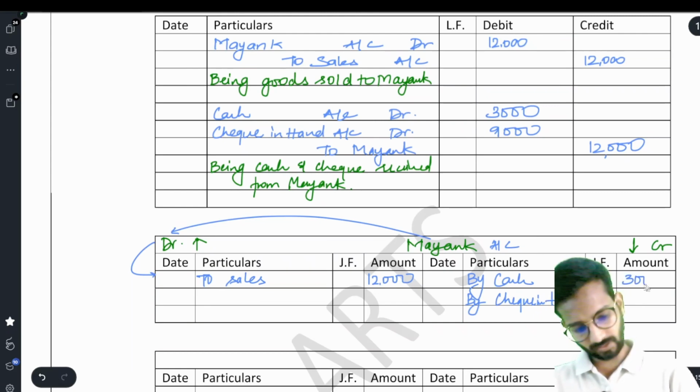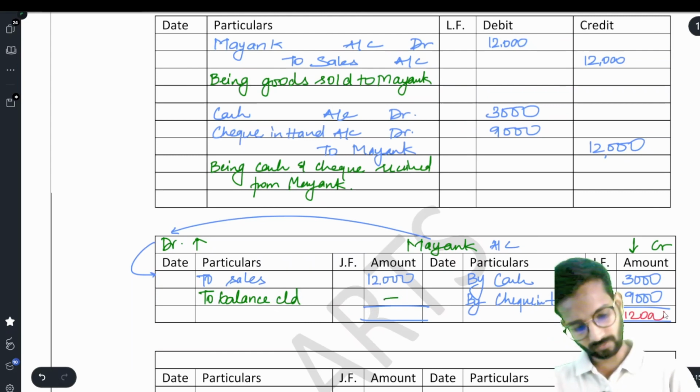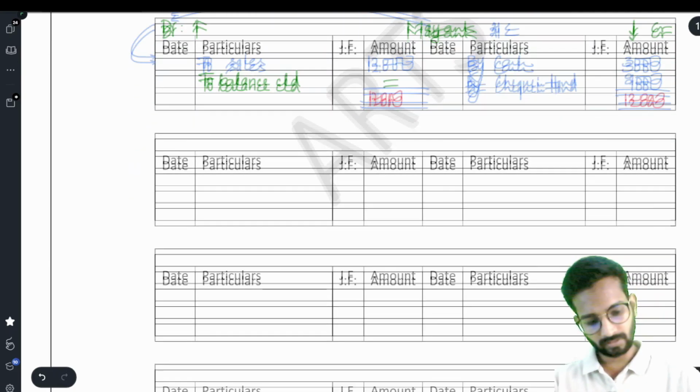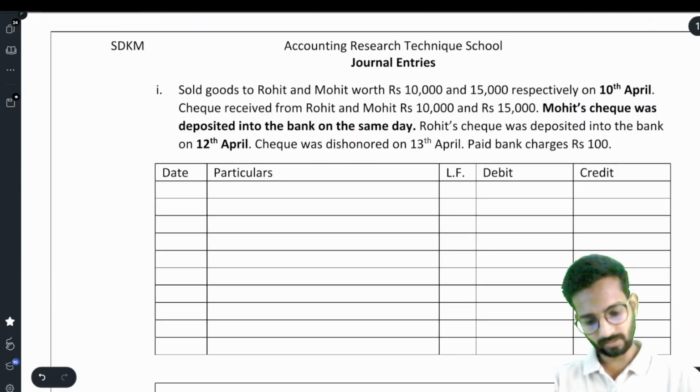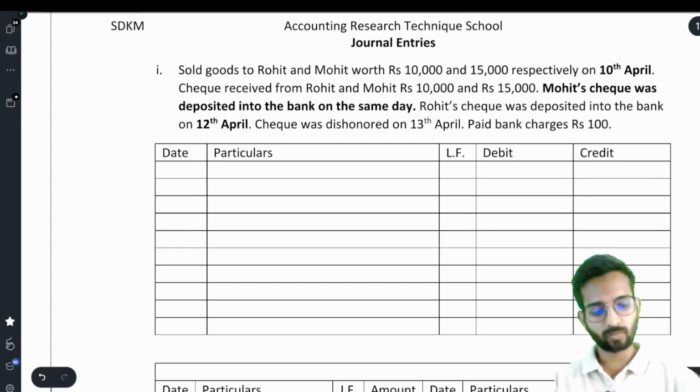How much? 3,000 and 9,000. So the account will tally obviously. Is there any closing balance? No sir, there is no closing balance. To balance carried down. So we will write here the total 12,000, 12,000.